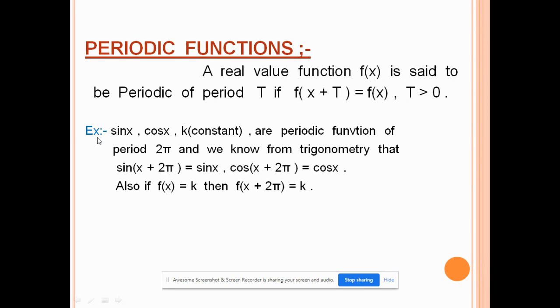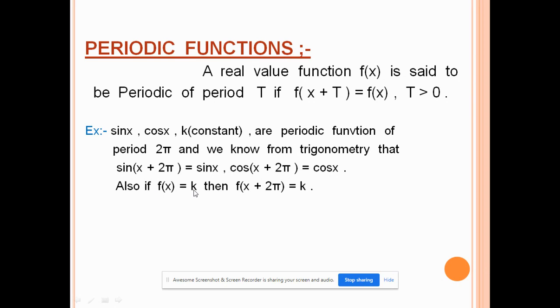For example, sin x, cos x and the constant k are periodic functions of period 2 pi, and we know from trigonometry that sin of x plus 2 pi is equal to sin x, cos of x plus 2 pi is cos x.